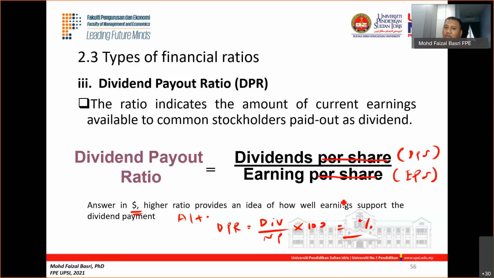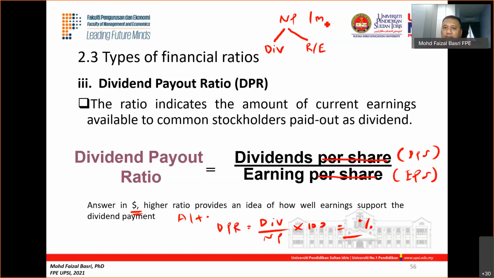To imagine the DPR is very simple. At the end of net profit, after you calculate all the costs and expenses, and pay all the interest and taxes, then you get net profit. This net profit will be given first to shareholders in the form of dividend, and the rest of the money will be parked under retained earnings. So for easier calculation, let's say the company earned 1 million ringgit net profit.